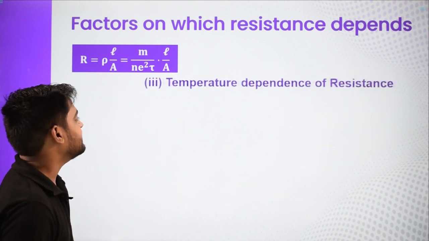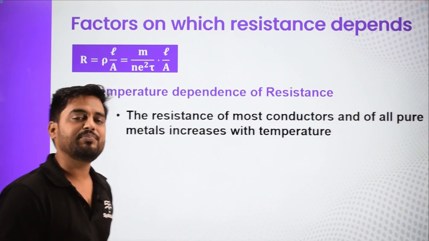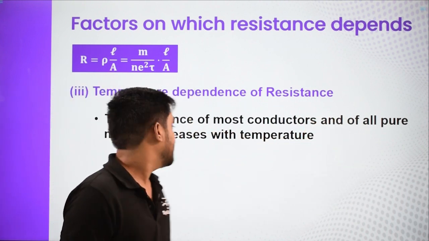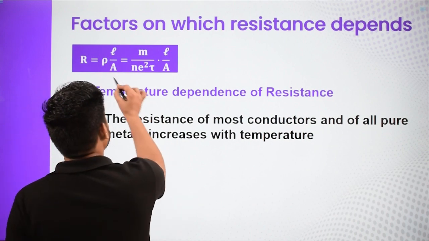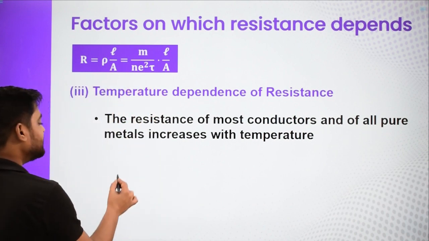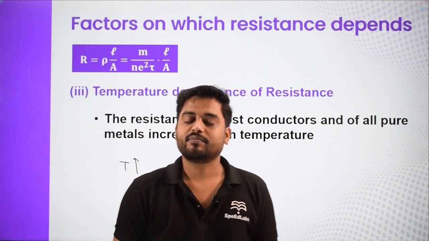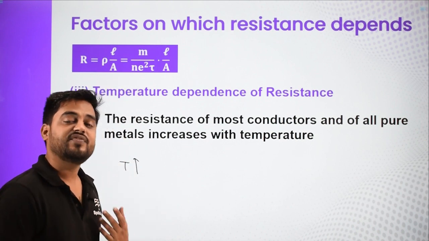Now next is the temperature dependence of the resistance. So when you increase the temperature of the conductor, the resistance of most conductors, of all pure metals, increases with temperature, and that can be proved again using this equation only. As you increase the temperature, what will happen? The speed, average kinetic energy of the free electrons, will increase.